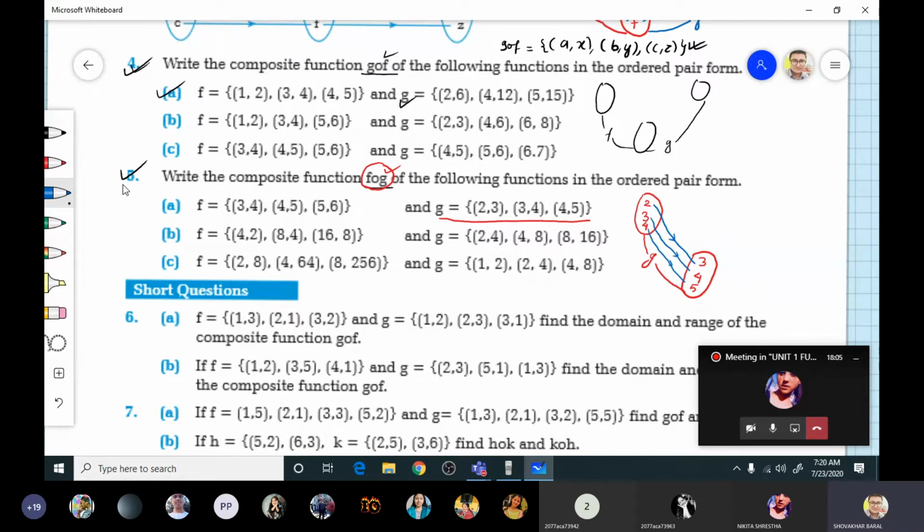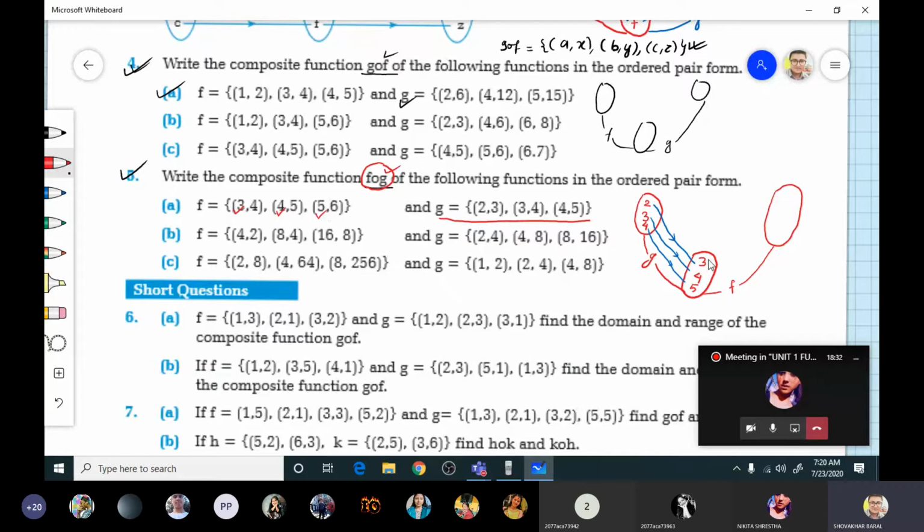Now the turn of the other set. This is for function f. The first elements of function f are 3, 4, and 5. They are already here, isn't it?